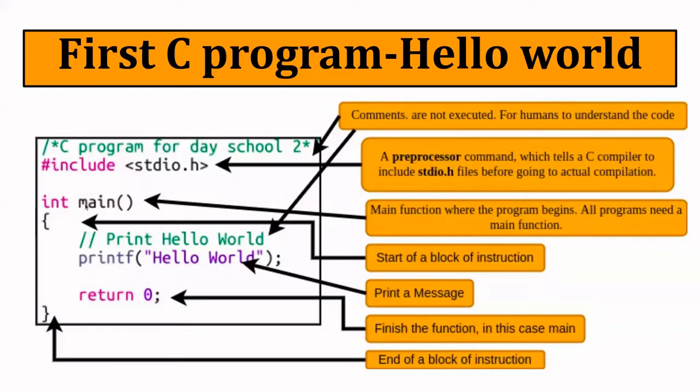The start of the main function is indicated by opening this parenthesis, then closing it. If you open a parenthesis anywhere, you have to close it using this parenthesis sign.